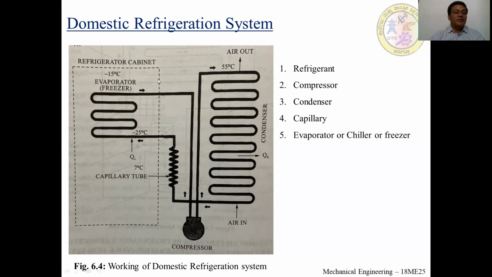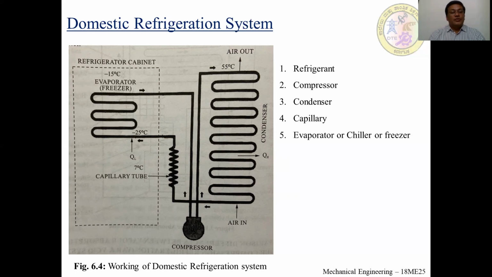In the refrigerator cabinet, we have the evaporator or freezer along with the capillary tube. Instead of the expansion valve we used in vapor absorption and vapor compression systems, here we use a capillary tube. This is the difference between the domestic and the vapor compression or vapor absorption refrigeration systems.